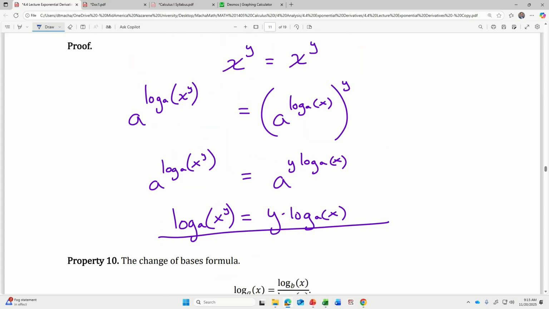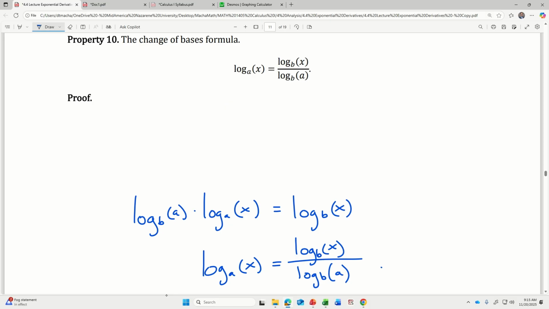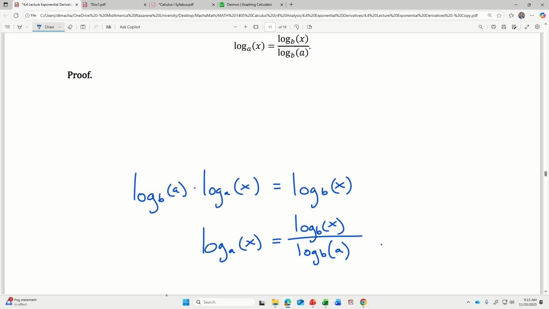If I'm multiplying something times a logarithm, I can make that something into a power on the inside of the logarithm, right? That's my logarithm power rule. So let's do that. I can write logarithm base a of x to the power logarithm base b of a.